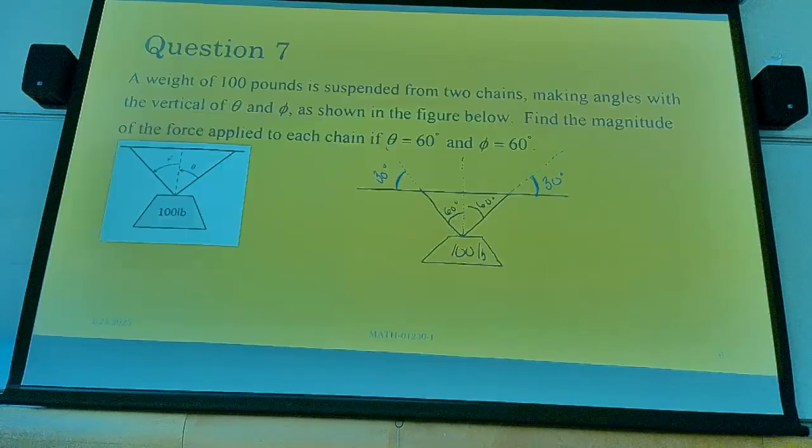How many forces do we have? Two. What are they? So where would they go? How would they be drawn on the force diagram? Quadrant 1 and 2. And how would they be drawn?